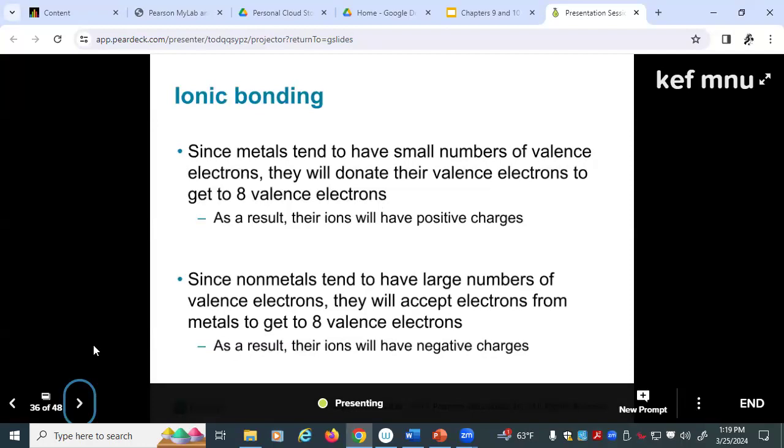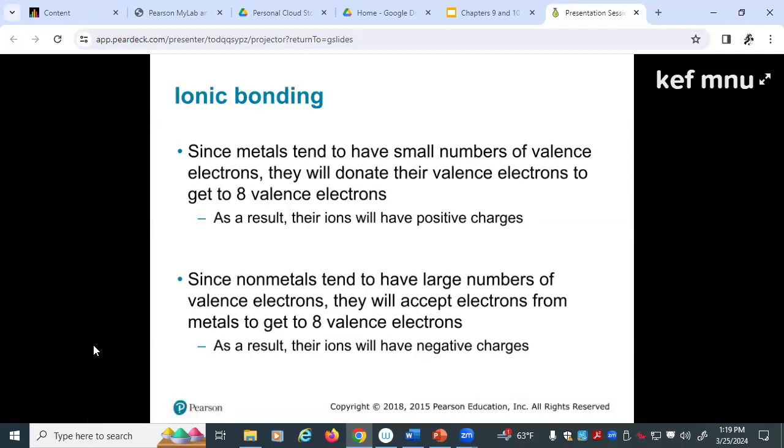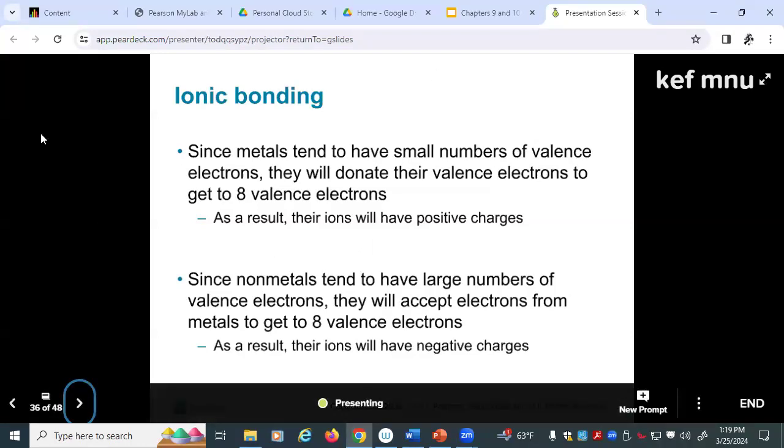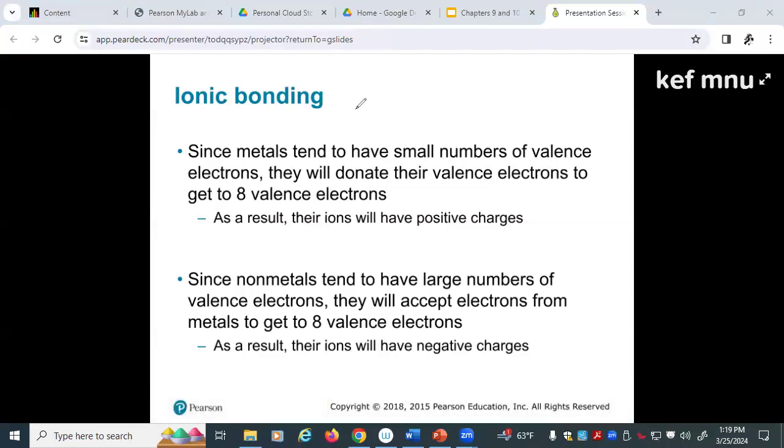So let's talk about ionic bonding first, probably because it's the easiest to at least see visually at this point. In ionic bonding, we see that the metals give up their electrons and the non-metals take electrons. And as a result of this give and take, we end up with positive ions and negative ions.